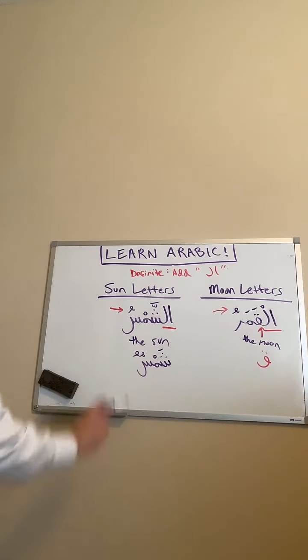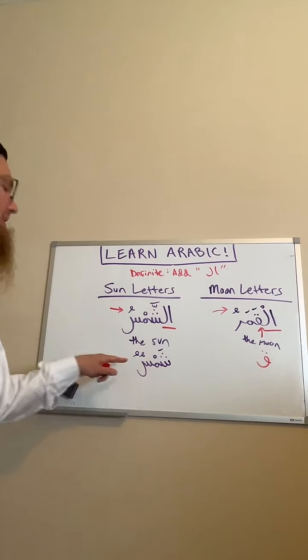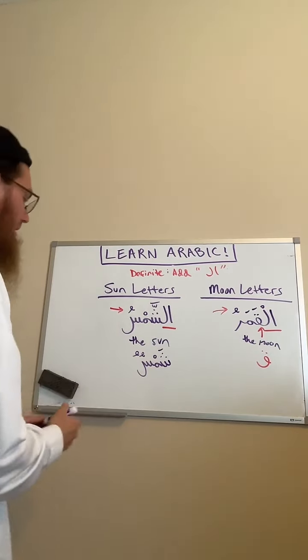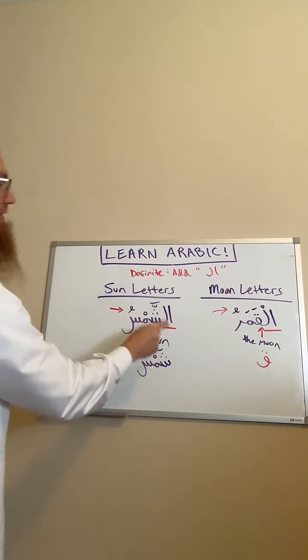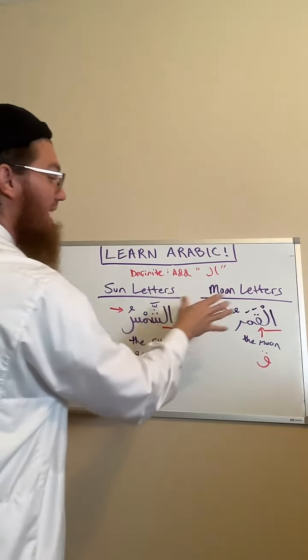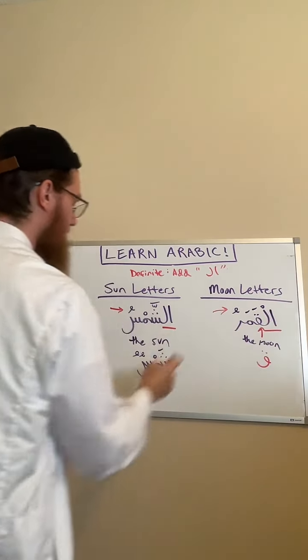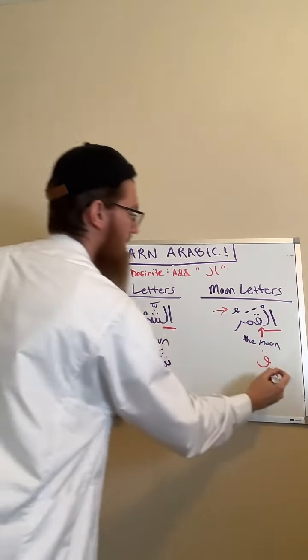I would add an extra dhamma at the end. Shamsun, a sun. Okay, that's the previous lesson. Just to show you that we can tell it's definite. We can tell that it's the sun, that is the moon, because there's the definite alif lam and there's no tanween.